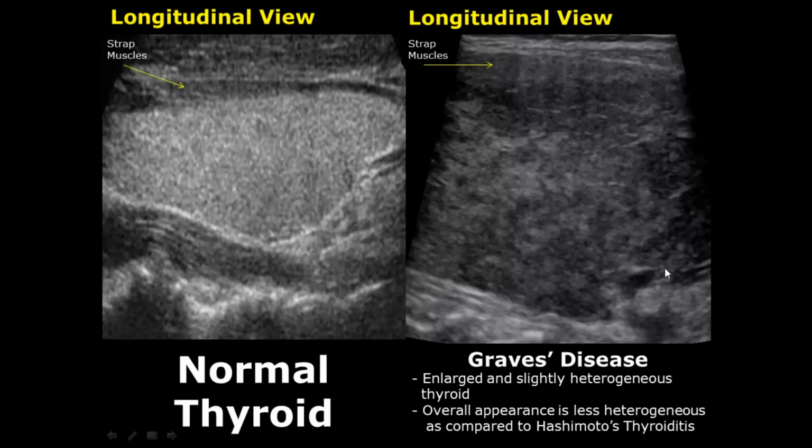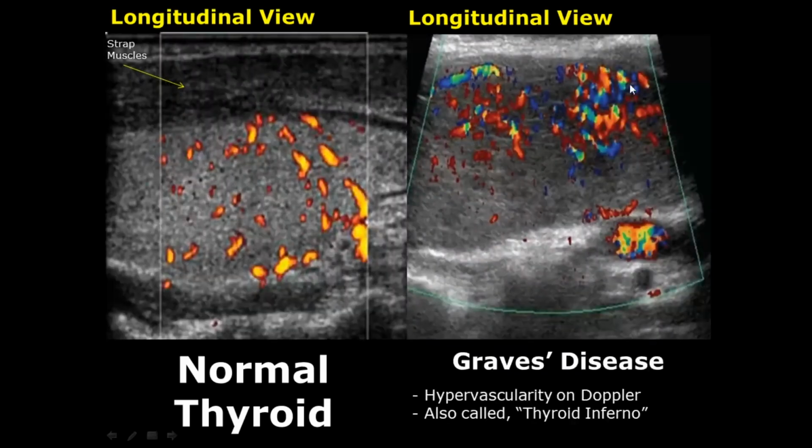So the echo texture is somewhat smoother in Graves' disease. And also remember, Hashimoto's thyroiditis is hypothyroidism and Graves' disease is hyperthyroidism. Graves' disease on Doppler can also give hypervascularity, that is, thyroid inferno, but it is more common in Hashimoto's thyroiditis.